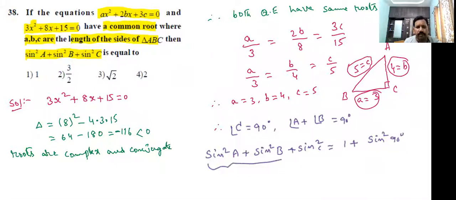Students understood? A plus B is 90 degrees means sine square A plus sine square B value should be 1. Now 1 plus sine square 90, also 1. 1 plus 1, 2. This is the answer. Which option is correct? Fourth option.